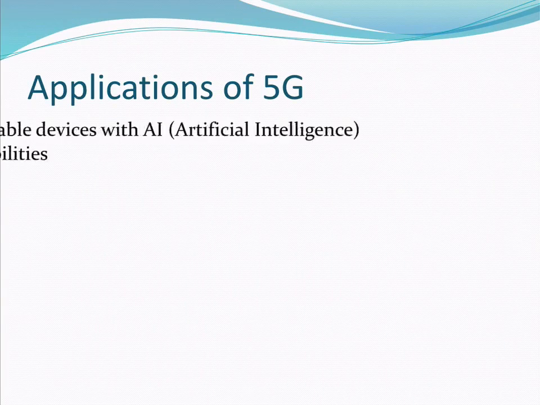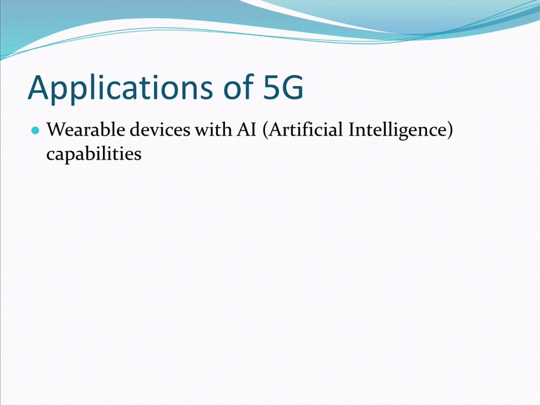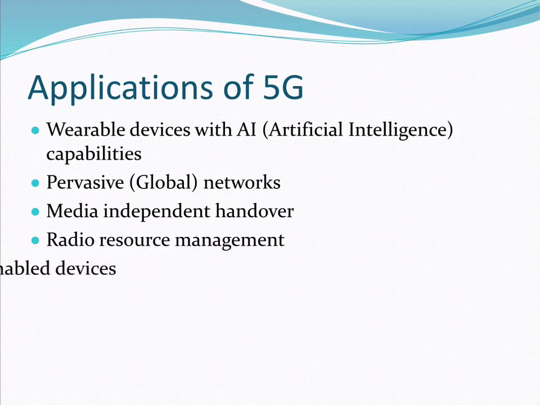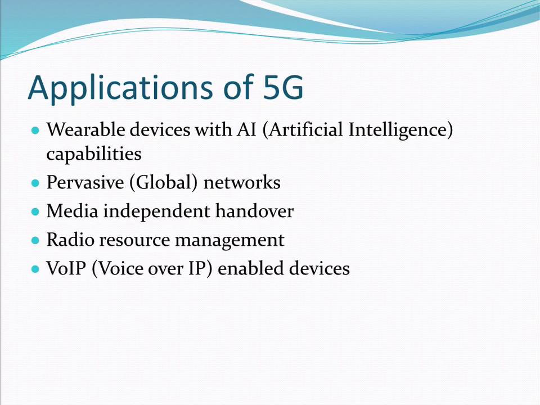Applications of 5G: wearable devices with artificial intelligence capability like a smart watch, smart care, Apple Watch. So these are the wearables. Bluetooth will be there, and it has a global network. It has a media independent handover. You can transfer media wirelessly, and there is radio resource management, and it has VoIP enabled devices.